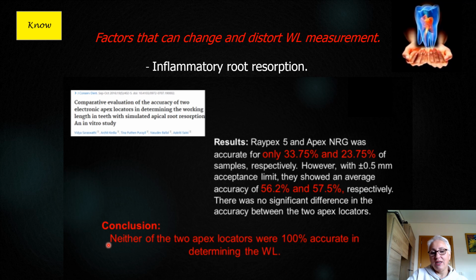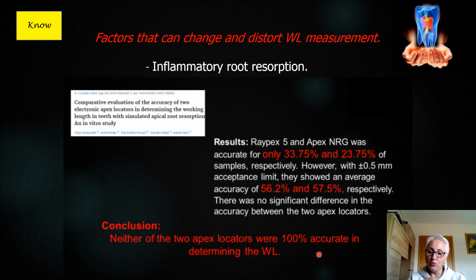And actually, the conclusion of this trial was that neither of the two apex locators was 100% accurate in determining the working length. For me, it doesn't matter whether it's 56% or 33%. It's not 100% accurate. In medicine, you see many cases where there is no 100% accuracy, or treatment success in 100% of cases.